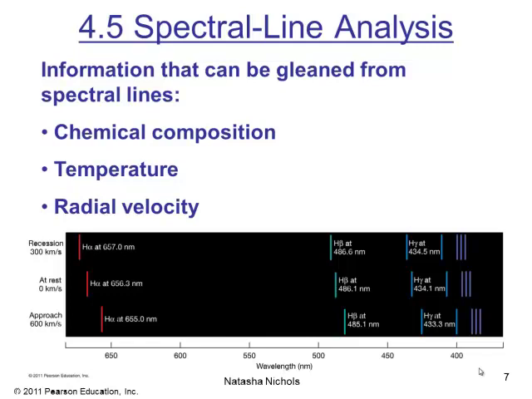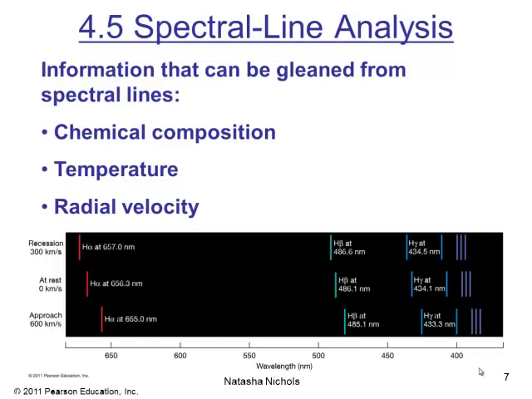The spectrum at the center is the unshifted emission spectrum of pure hydrogen. So this corresponds to the object being at rest, which is why we have 0 kilometers per second shown right there.